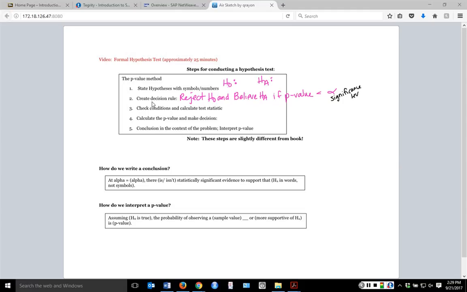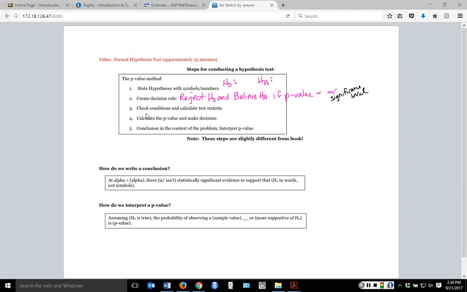Or in a sense, again, how unlikely do I want something to be? So maybe I might say, I want it to be less than a 5% chance of it happening. Maybe I want it to be less than a 1% chance of it happening. And we'll talk about why we would set this number to be a different number, depending upon the question that we're working with.